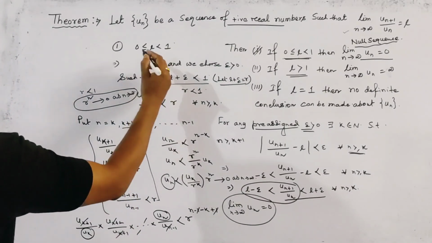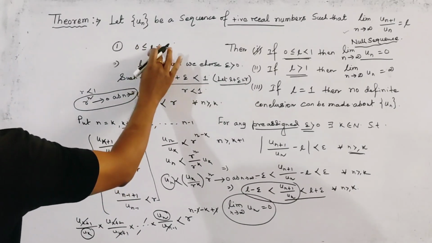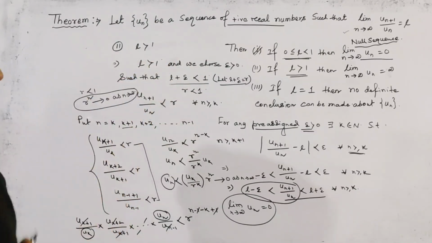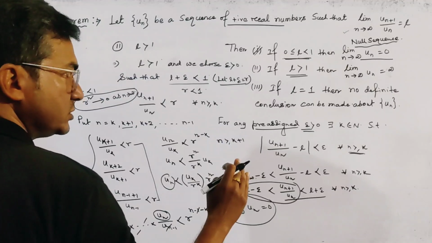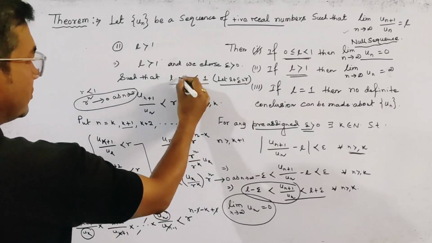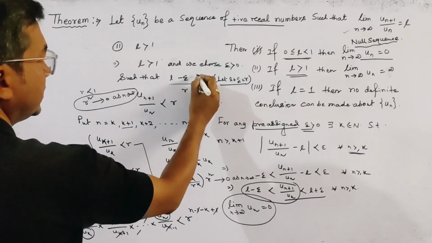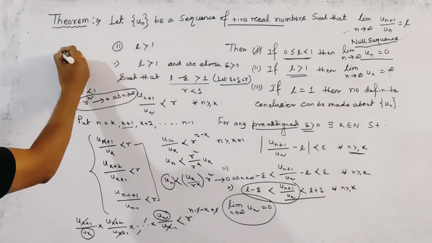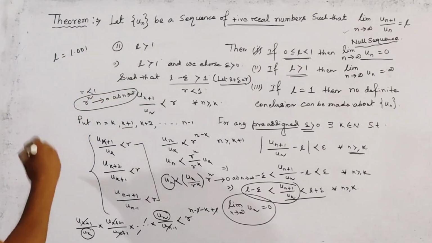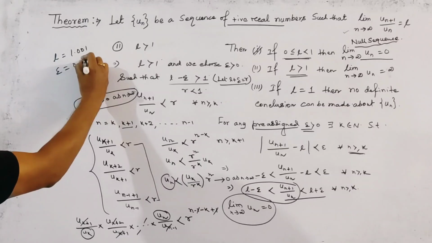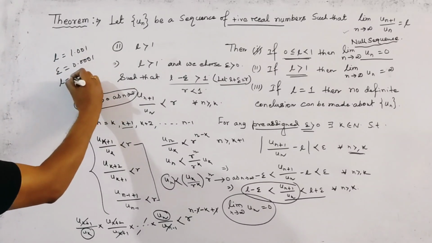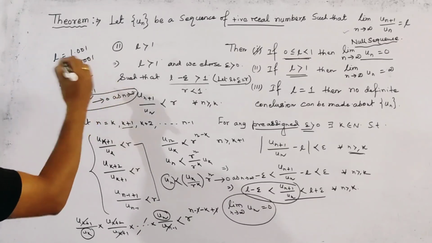Here the second case is L greater than 1, and we choose epsilon greater than 0 such that L minus epsilon is also greater than 1. In a similar manner, if we take L equal to 1.001, then we take epsilon equal to 0.0001. Then if we do the operation L minus epsilon, this is also greater than 1.